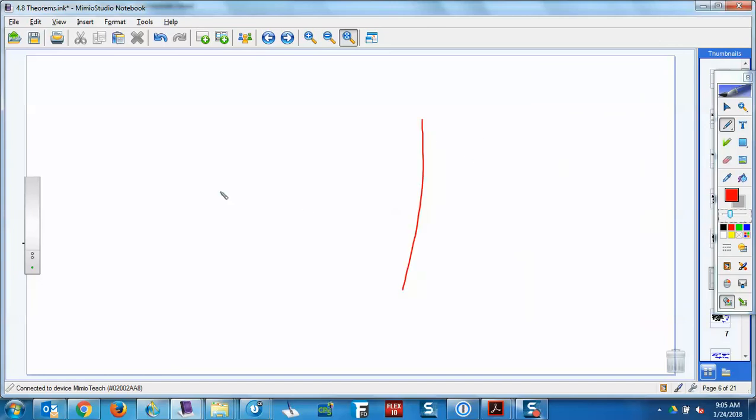Okay, so does this function here, does the conclusion of the intermediate value theorem hold?